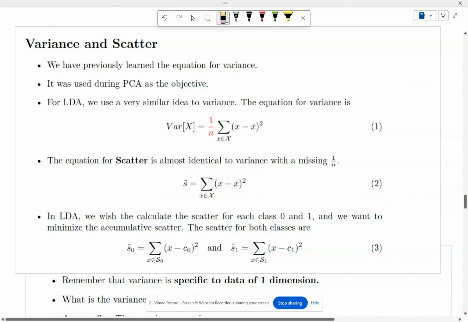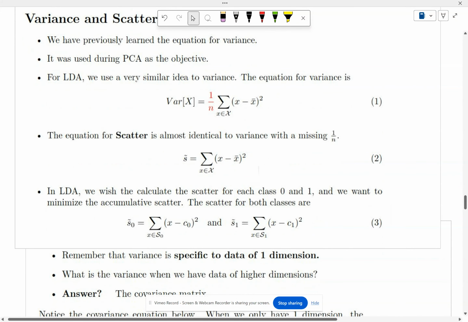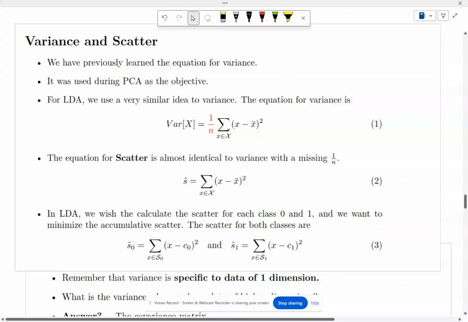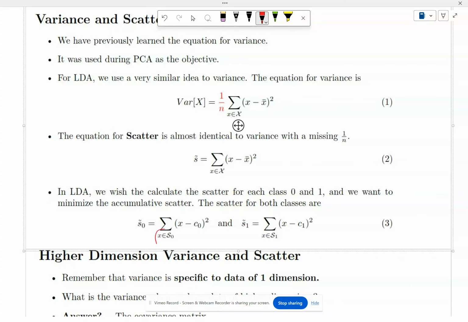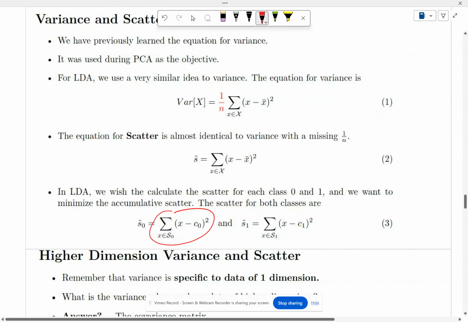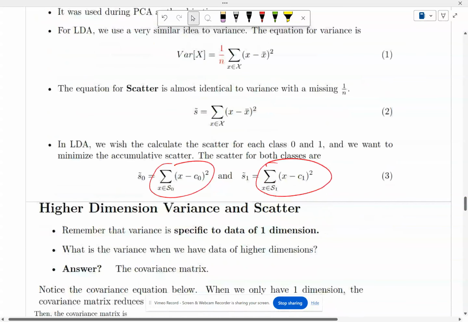So we can easily calculate the scatter equation, which is right here. We take all the samples from the orange minus the center, and then over here is essentially the scatter equation. And conversely, over here is the scatter equation for class 1, which is the green class.